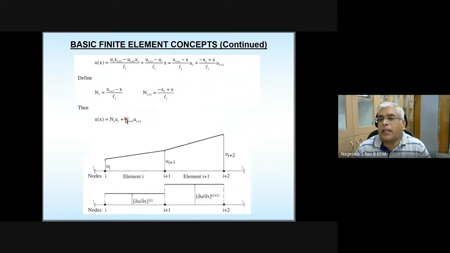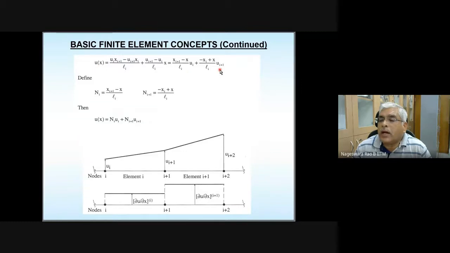We re-expressed it, and that kind of check helps you to see if you made any mistake. So this is also linear. This term here is denoted with Ni, and this second one is denoted with Ni plus 1.